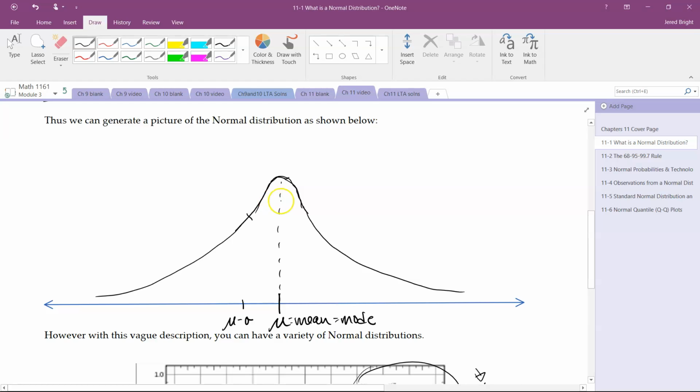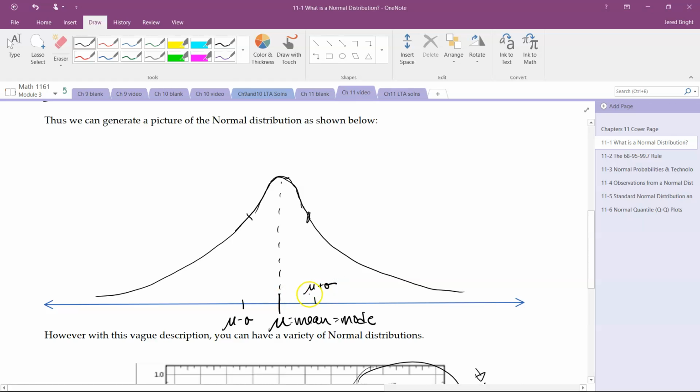You can imagine a bowl; well, this would be a hat in this case. We would want to go from where it switches from being a hat to more of a bowl shape. So that would be mu minus sigma on the left, and then over here we would add the standard deviation, so this would be mu plus the standard deviation.